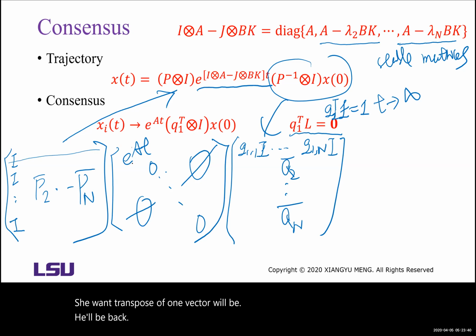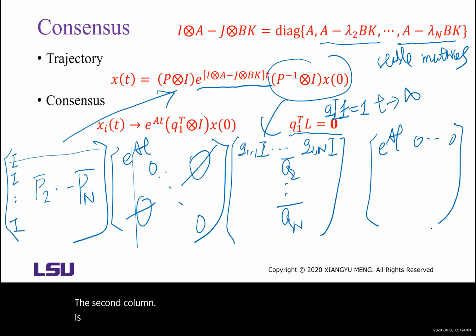We use the first row times the first column. The first row times the second column is 0. It will be all 0. So the second row times the first column, same using the last row times the first column, then the last row times the second, third, and n columns.